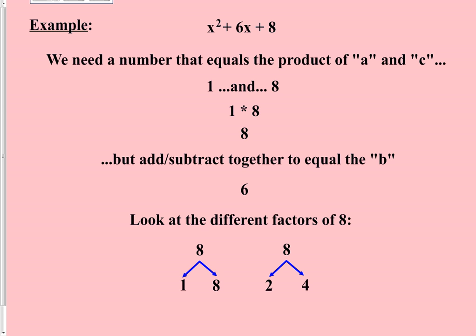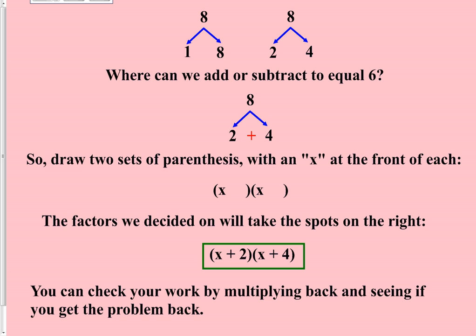So we took this 8, which was the product of 1 and 8, and we factored it to look at all the different factor pairs that 8 could be, and we found out that 8 could be a 1 and an 8, and it could be a 2 and a 4. And we want either the 1 and the 8 or the 2 and the 4 to add or subtract to equal the 6. And obviously we can see we have the 2 and the 4. Okay, and after you discover your factors, you can actually go directly to the answer.